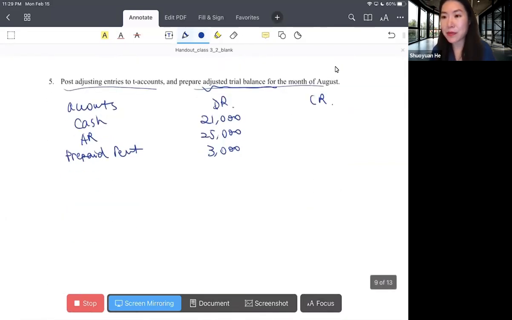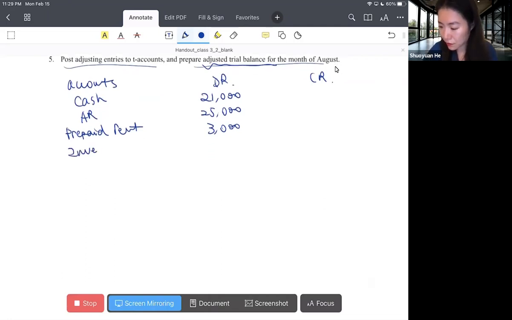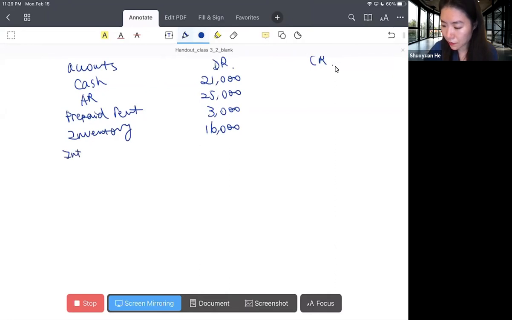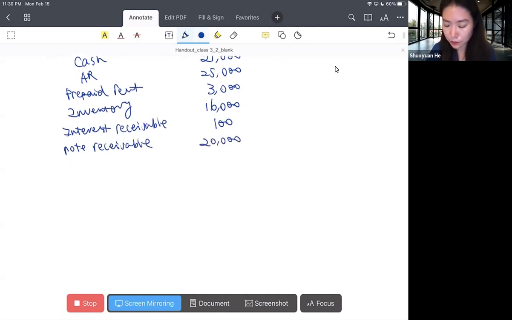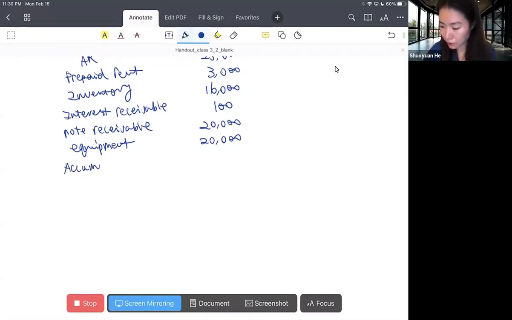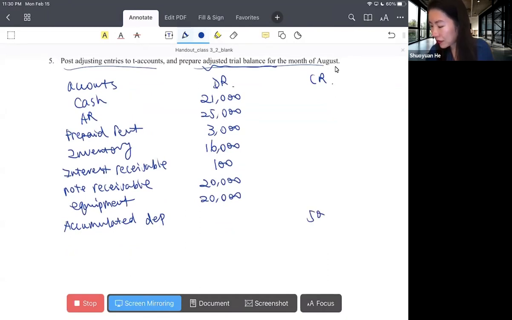So now the new balance becomes 3,000. And now we have a new account called interest receivable, which is 100. And we also have accumulated depreciation of 500.